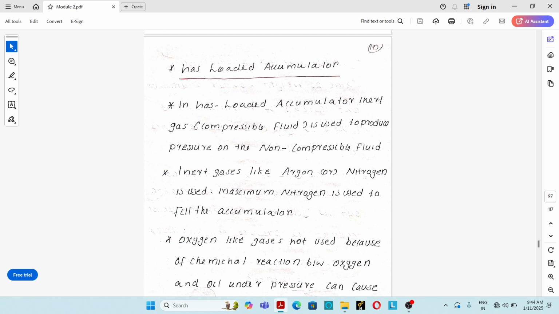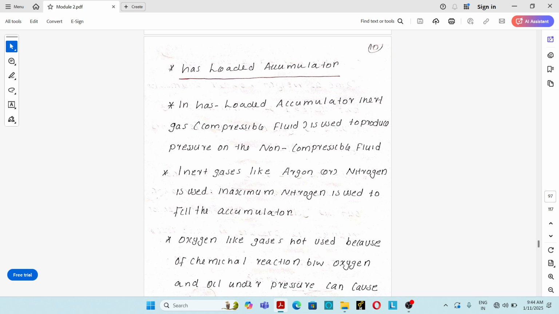The third classification is the gas loaded accumulators. In the gas loaded type accumulator, the energy is stored in an inert gas. Gases are compressible and liquids are non-compressible. So the energy of the non-compressible liquid is stored in the compressible gas. Inert gases like argon and nitrogen are commonly used.